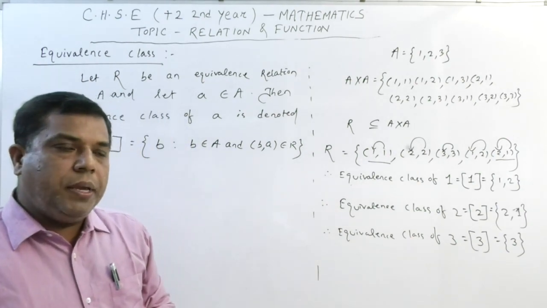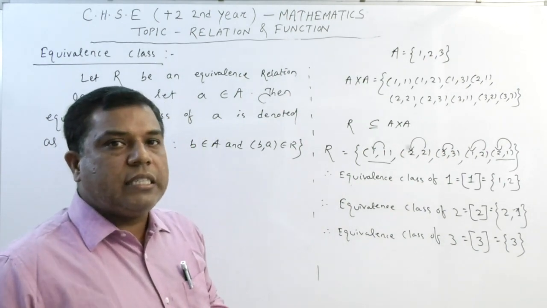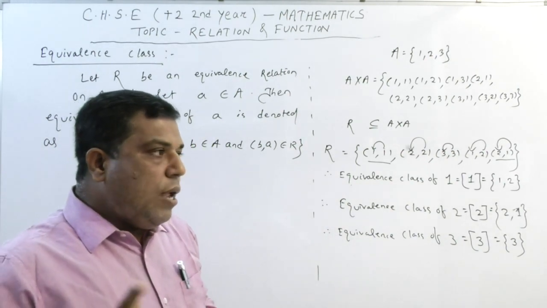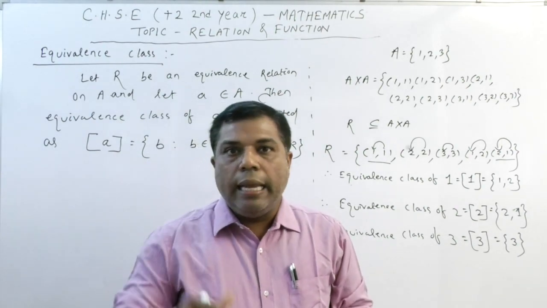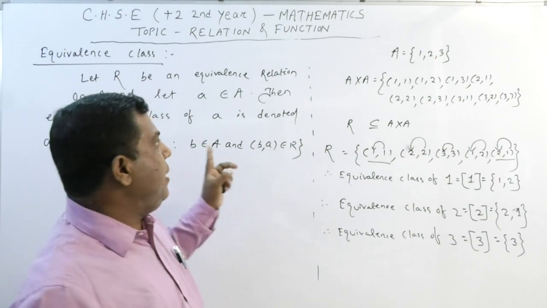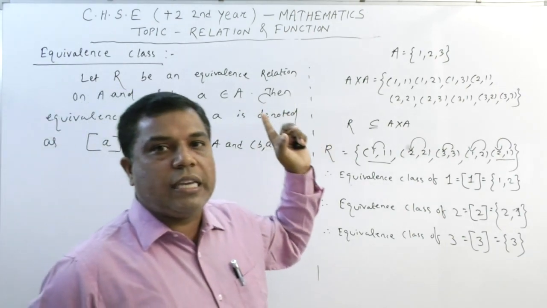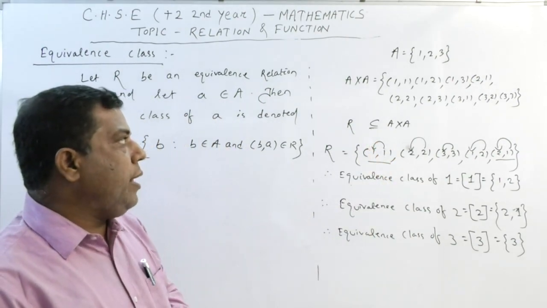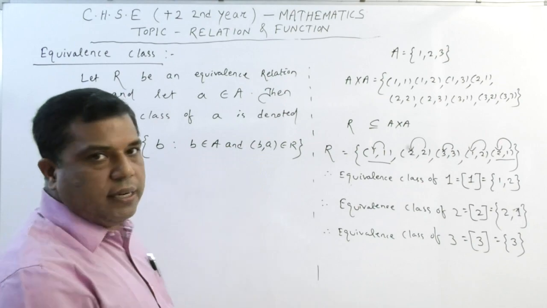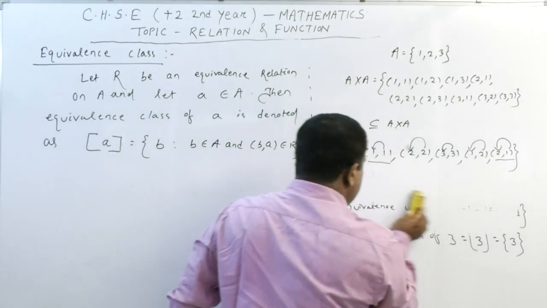You have to tell me whether those relations have equivalence classes or not. So I want to know when we get the equivalence classes. Yes, if it is an equivalence relation, then only equivalence classes can be found. Okay, so let us take some more examples on the same set. Okay, so I am erasing those things.